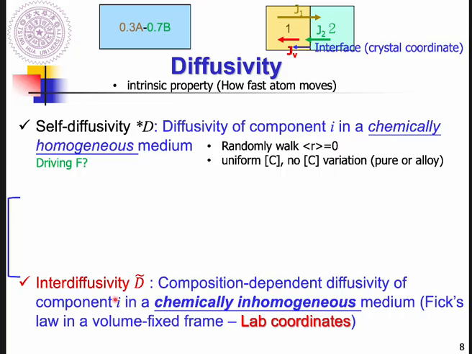But now, back to here, the interdiffusivity D is a diffusivity where the observer stands at the lab coordinate, which means the observer, or you, stands in the lab outside these materials.